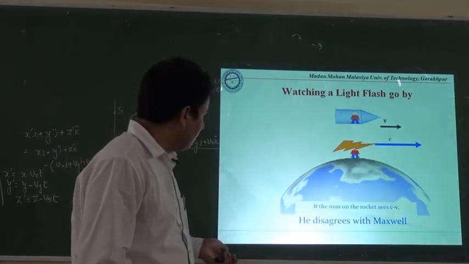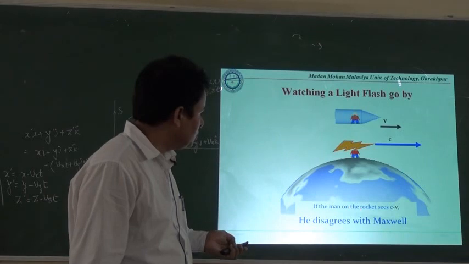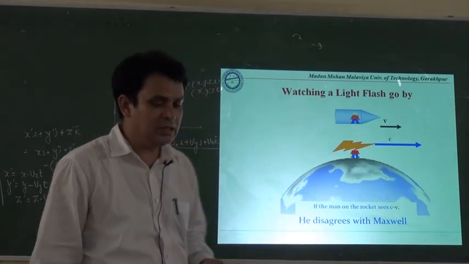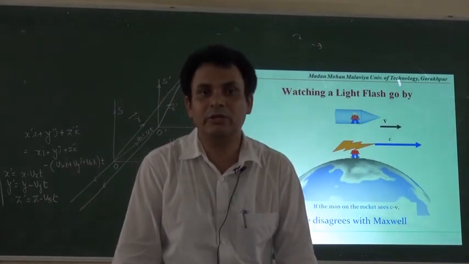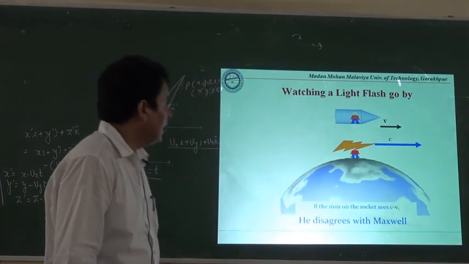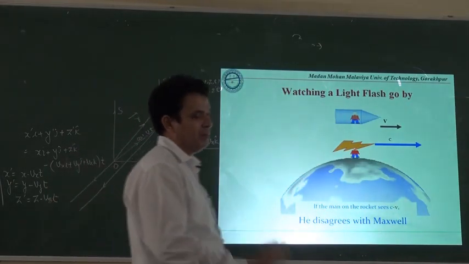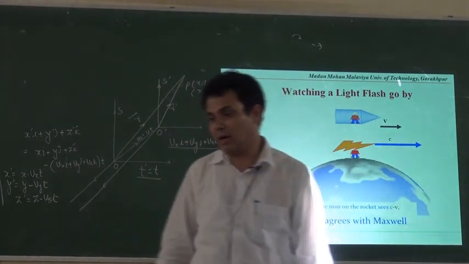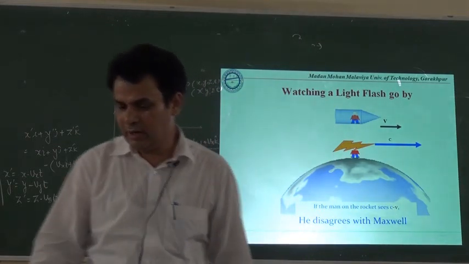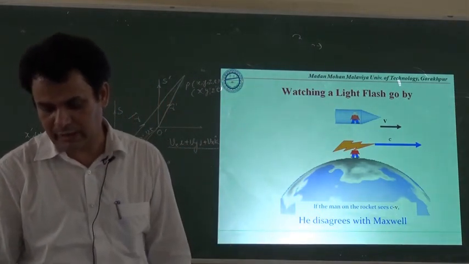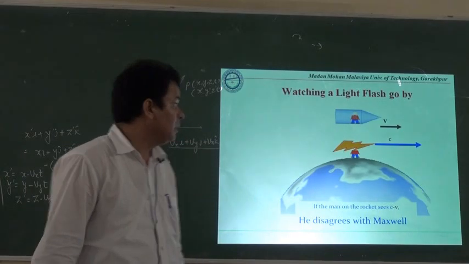The person in the rocket sees that the relative velocity is C minus V, and he disagrees with the concept given in Maxwell's laws of electromagnetics.